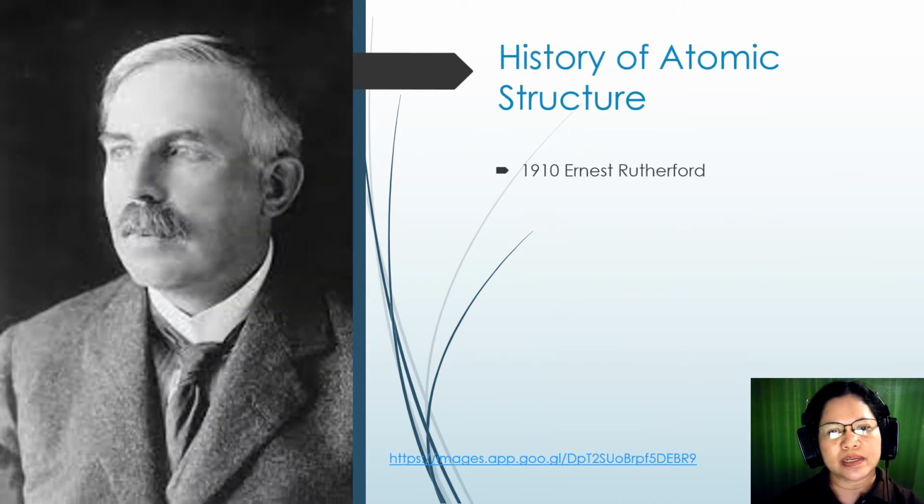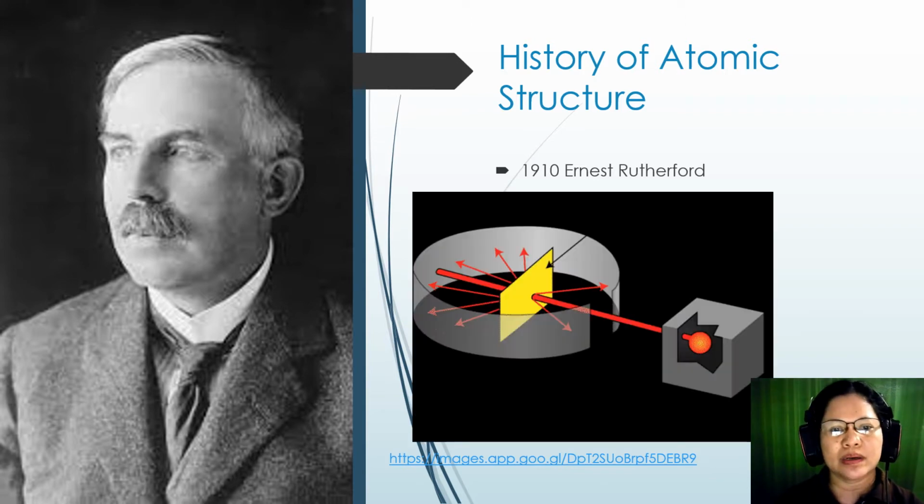Another person is Ernest Rutherford in 1910. So what was his contribution? He identified that there is a nucleus inside the atom. He used a foil model to identify the presence of the nucleus.